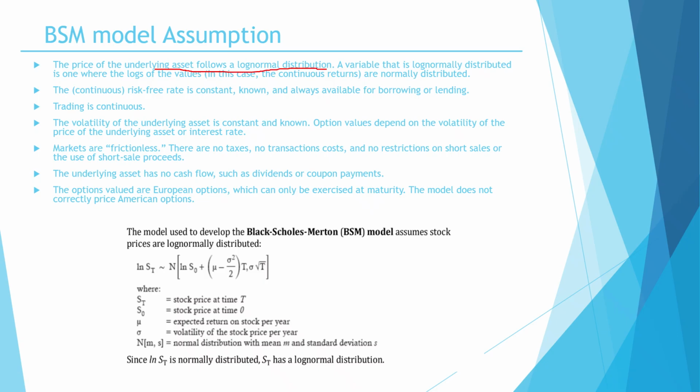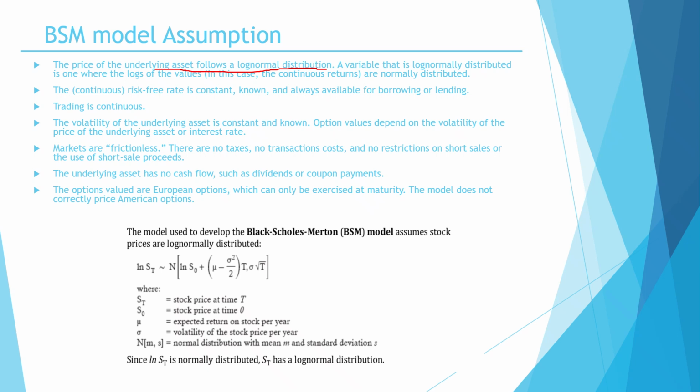And I have already explained that in the real world, the asset prices follow the log normal distribution because of the impact of compounding. Now, if the price follows the log normal distribution, the log of the stock prices will follow the normal distribution. This is also the assumption of the BSM model.